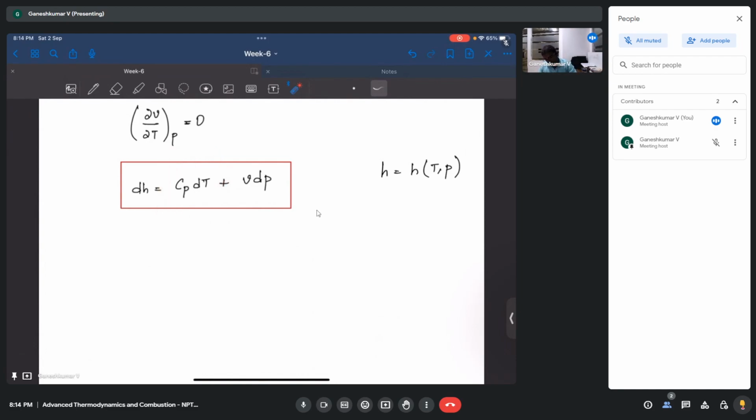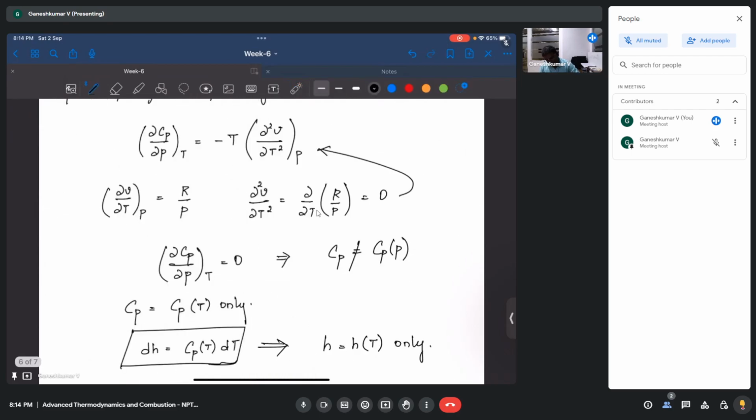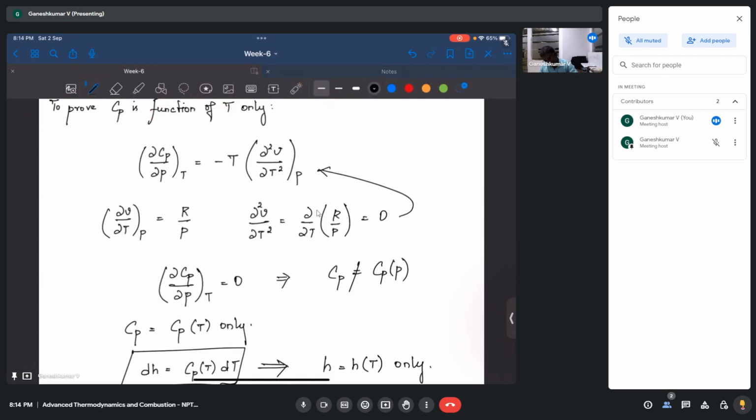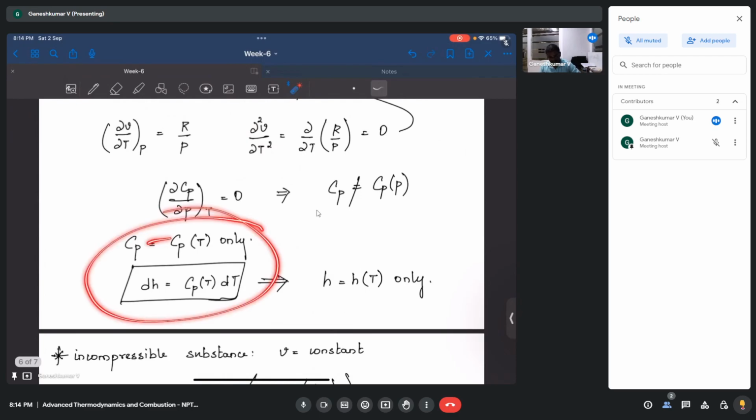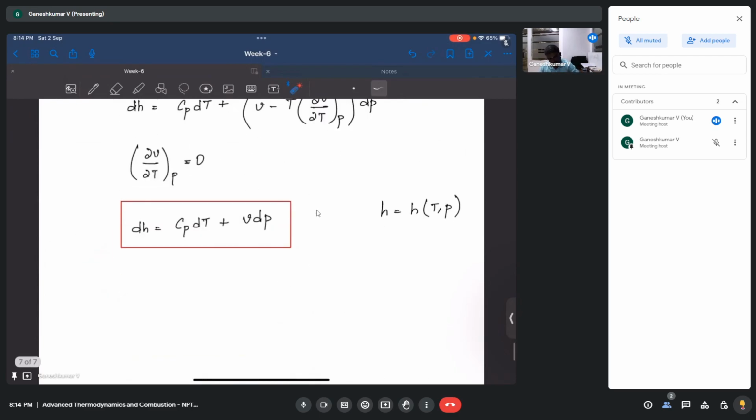So let's say if you want to know, you can use the same thing. And you would see that ∂V/∂T, since V is a constant, this part again goes to 0. So finally you will end up having Cv as a function of only temperature. And even if you substitute Cv as a function of temperature, you have an additional term from where the pressure dependence comes.